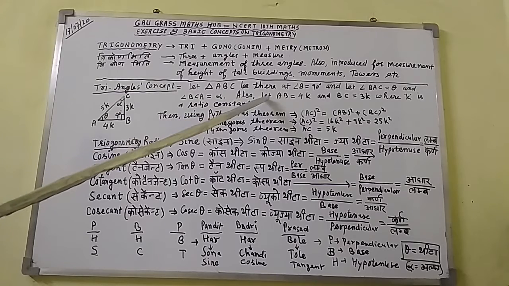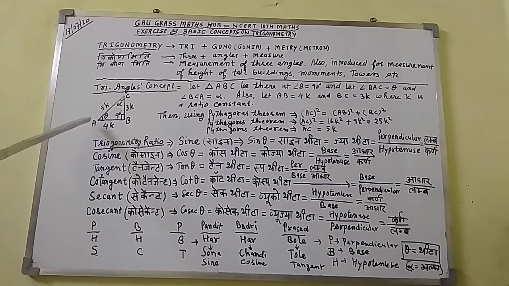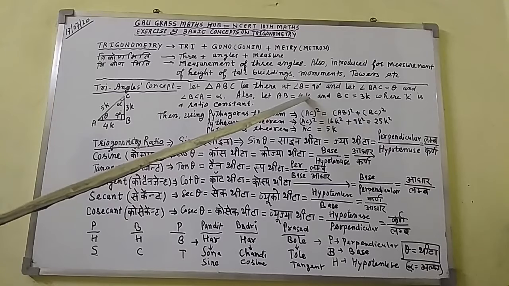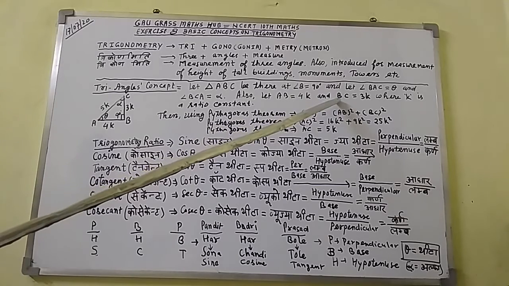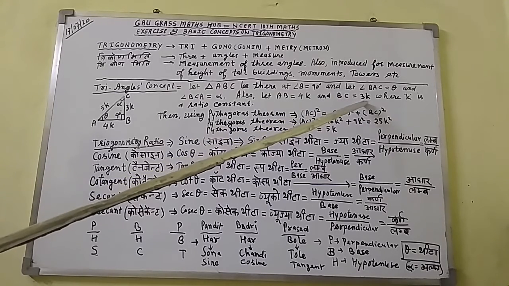Also let AB equal 4K. This is the base of the right angle triangle with respect to theta. AB equals 4K and BC equals 3K.